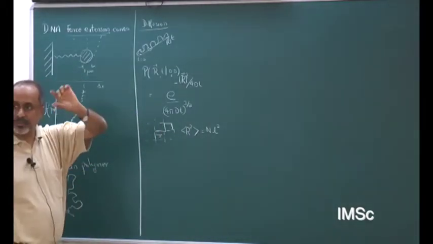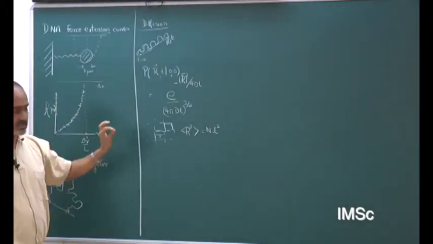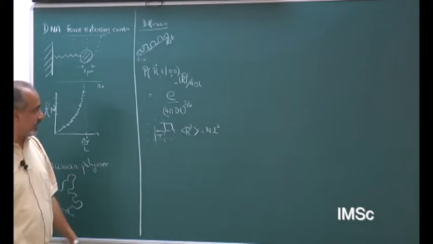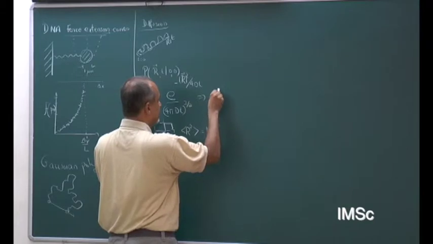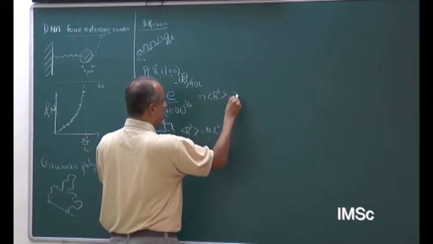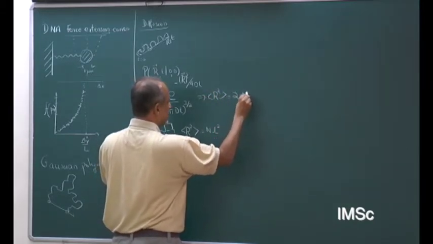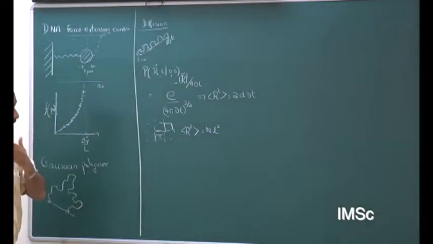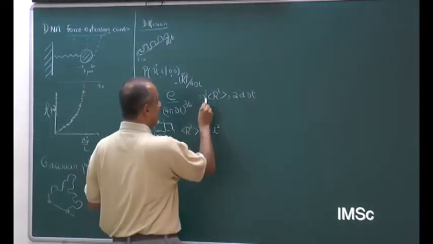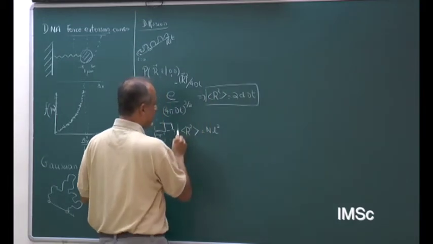If L was the basic small step size, which was much smaller than any other length in the problem. Now from here, we know that r squared is twice the dimension times the diffusion constant times the time. Okay?